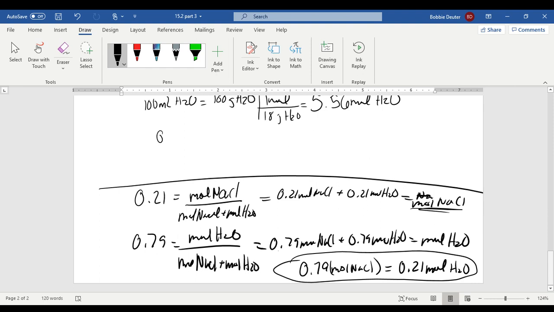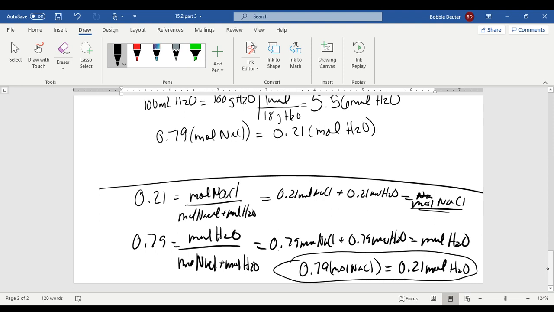So we're going to use our 0.79 times our moles of NaCl, set it equal to our 0.21 times our moles of H2O, which we have our moles of H2O.